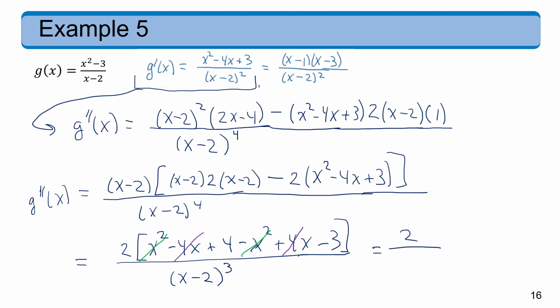And the denominator is x minus 2 cubed. That's a nice simplified version of g double prime. So that took our whole slide just to do that calculation. So we'll go to a new slide and we'll start our concavity analysis using that formula for g double prime.